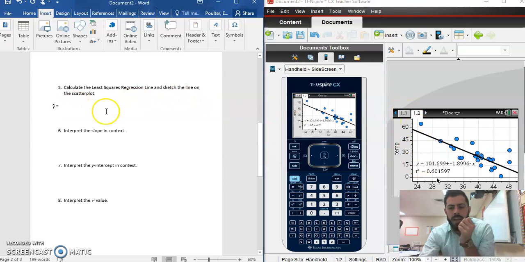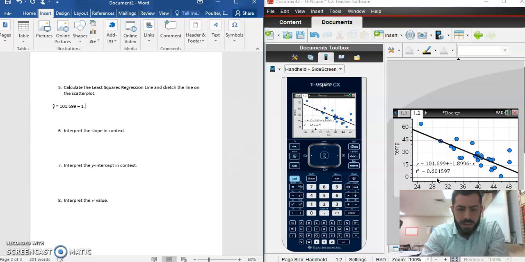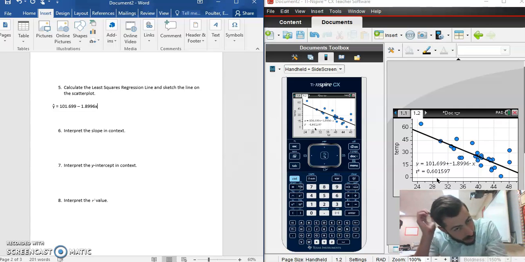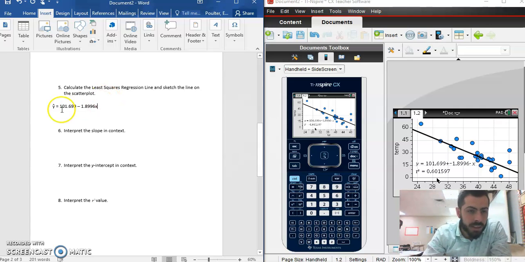I'm going ahead and write the equation out: 101.699 minus 1.8996x.